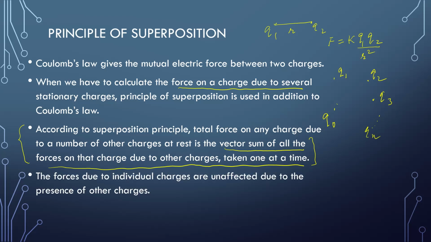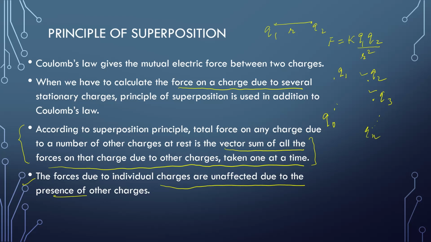Now when we are finding out the force on an individual charge, that is when I am finding out the force due to Q1 on Q0, the presence of these charges, that is Q2, Q3 and so on, is totally not in consideration. It is the force due to individual charges.